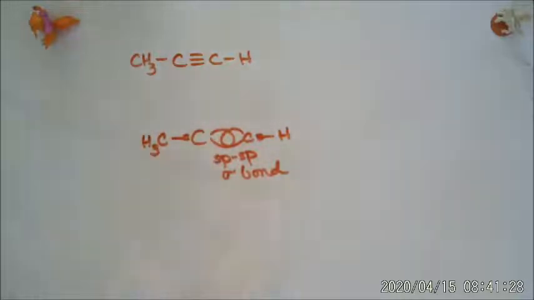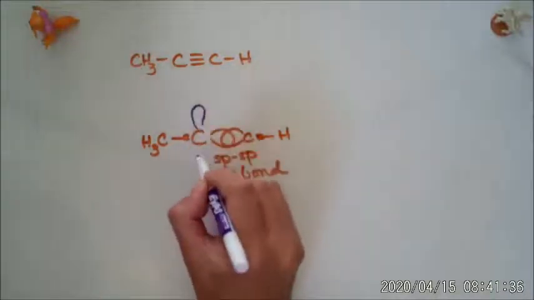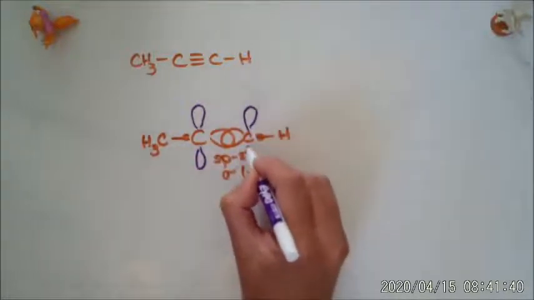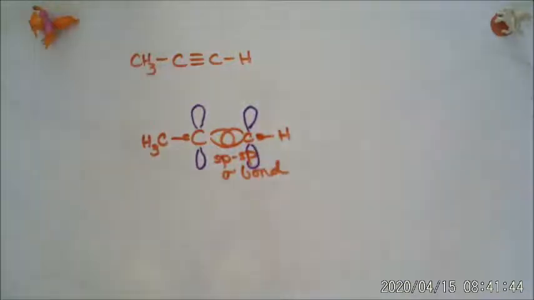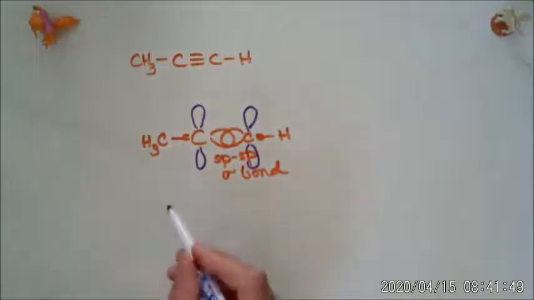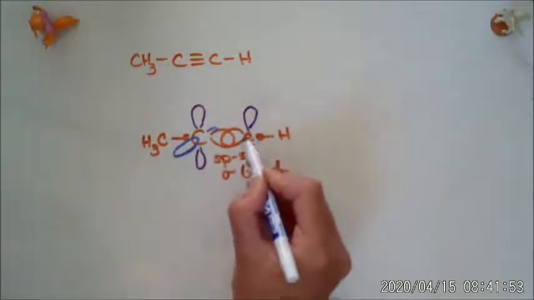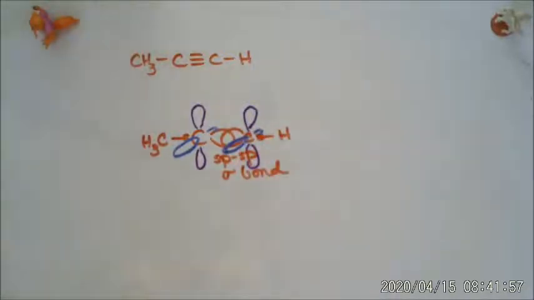Okay, now what about my p orbitals? It's going to get a little messy, so I'll use different colors. In the plane of the board, I have this p orbital. Coming out of the plane of the board, you have that one.